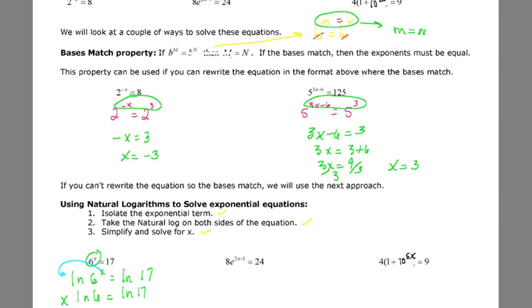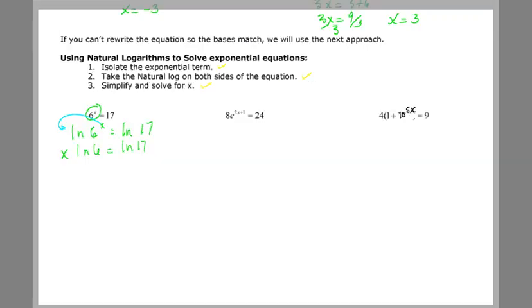So by taking the log of the exponential, we see we can use that property that the exponent can drop in front of the log, and since the exponent was my variable, I can now solve for it. It's no longer in the exponent position, it comes down in front.